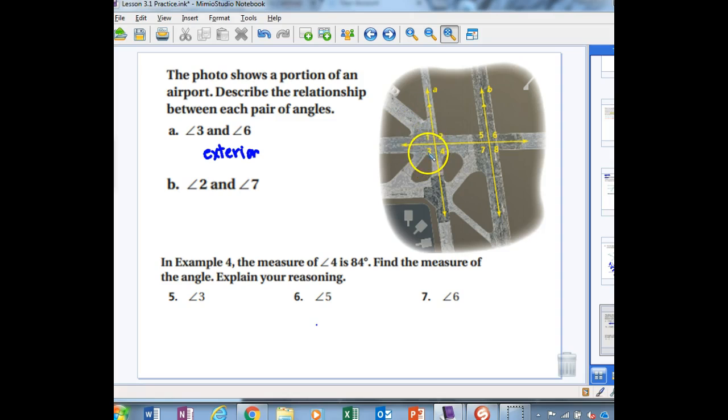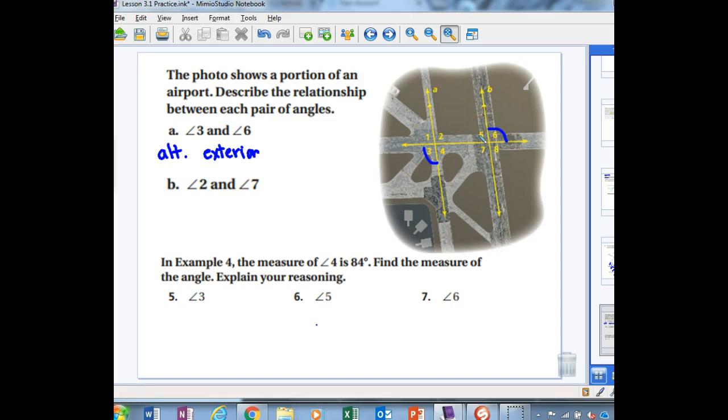Are they on the same side of the transversal or the opposite side of the transversal? That would make them alternate exterior angles. So I know that angle 3 is going to be congruent to angle 6.